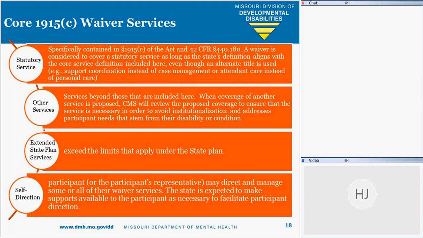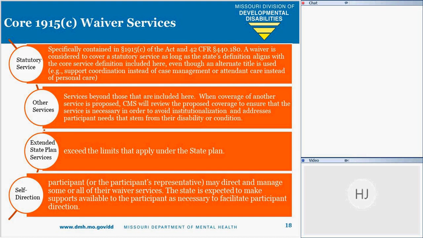Other services would be any services beyond that statutory service. So when you propose coverage of an additional service, CMS will review that to make sure that it is not duplicating another service, that it's not duplicating a state plan service, and then they'll also ensure that that service is actually necessary to avoid institutionalization.